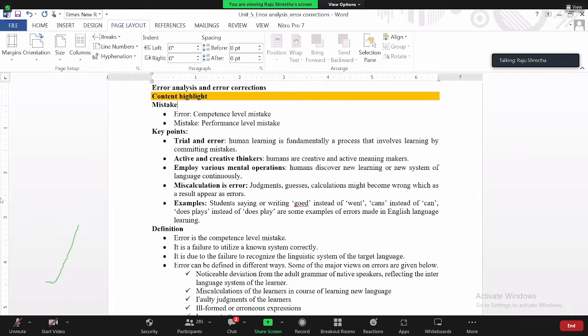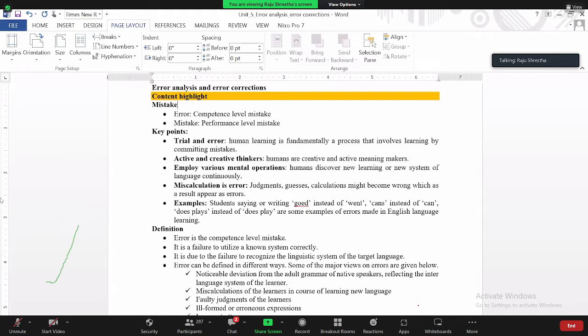A competence level mistake is particularly known as an error. Competence level means learners do not have the knowledge or ability to identify the language system of the target language. And another is the performance level mistake, which we call a mistake.